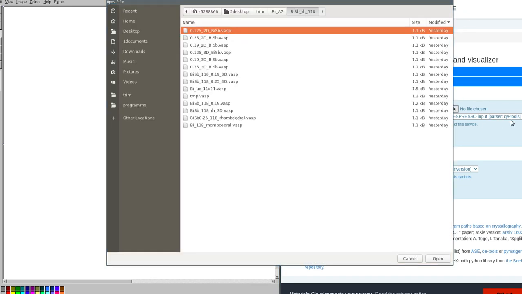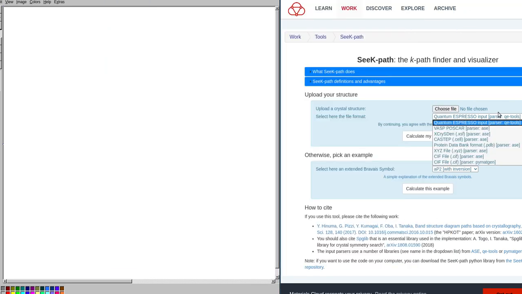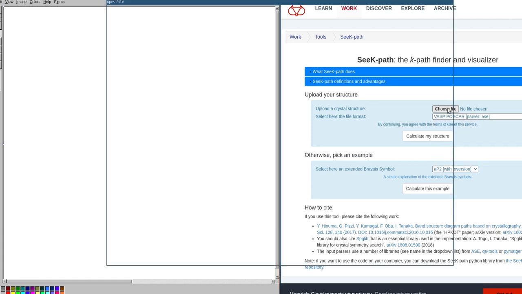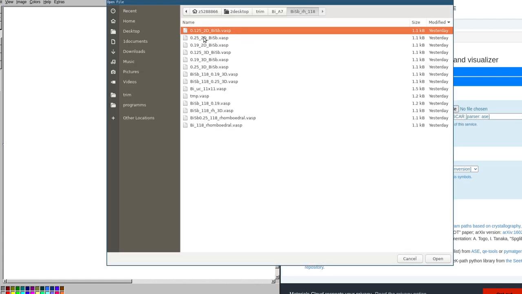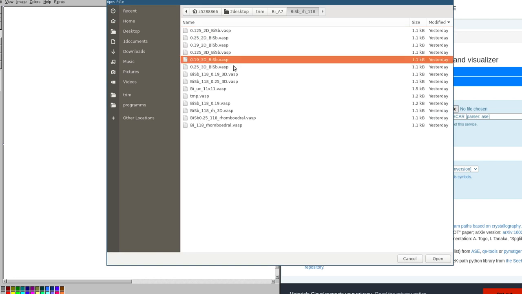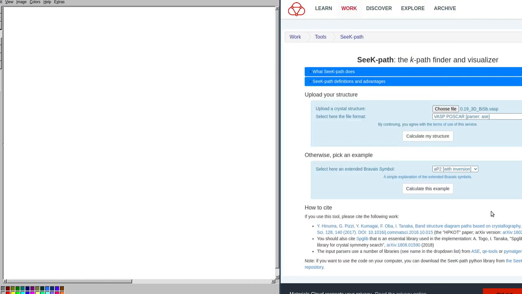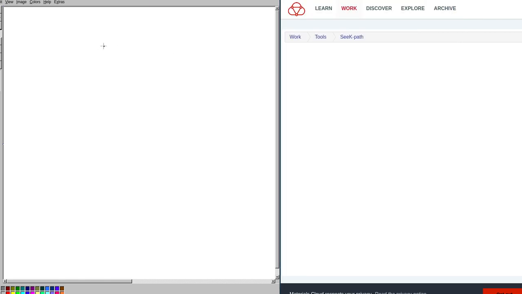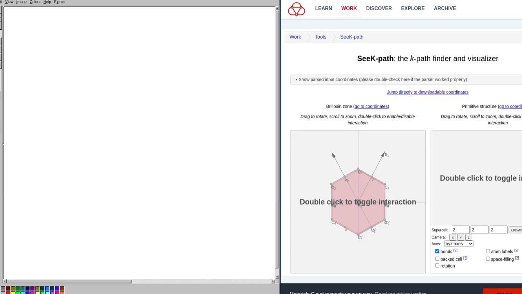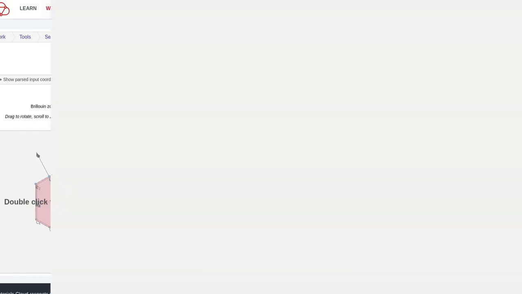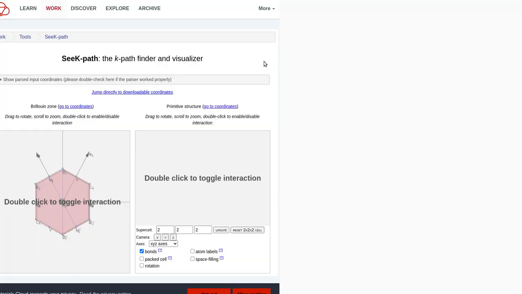When you just choose your software and your unit cell, let's use that unit cell and calculate the structure and high symmetry points.